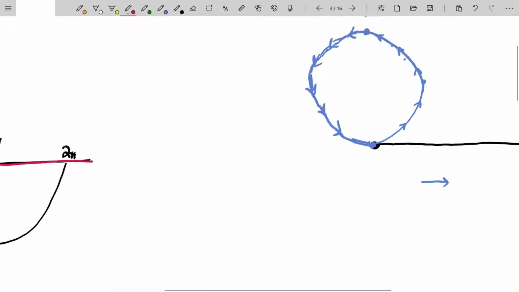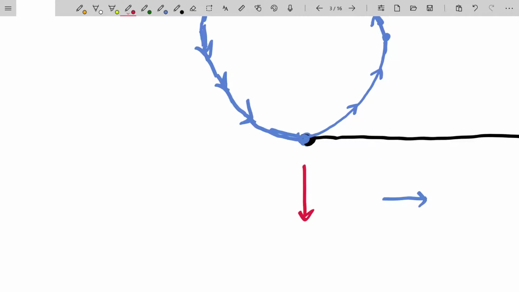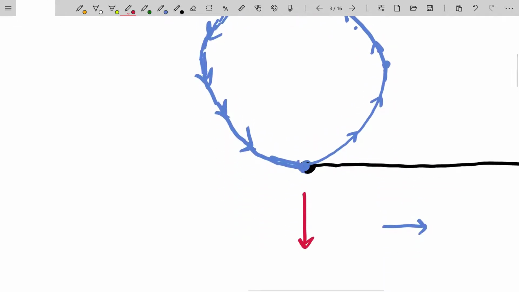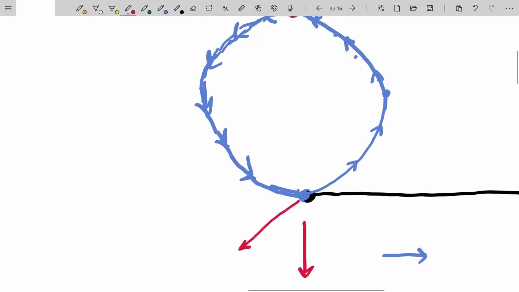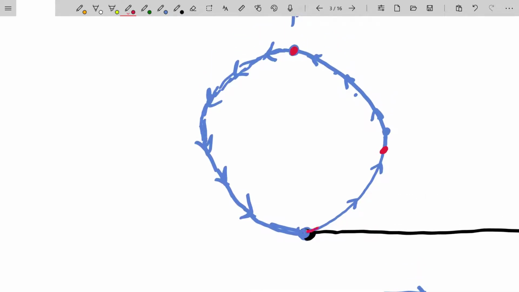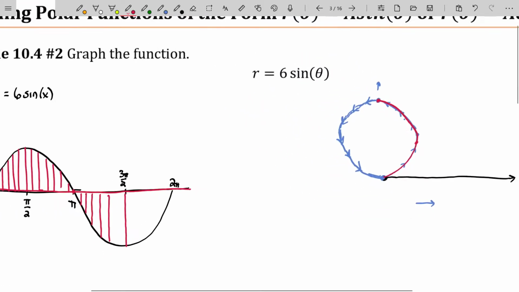So once I turn to face an angle of 3 pi over 2, I will have thrown a rock 6 feet behind me. If I'm facing this angle, I'm throwing a rock this far behind me, and so on and so forth. So you can see that we're actually just retracing our curve when we go beyond the angle of pi. And that does happen quite often in polar coordinates.